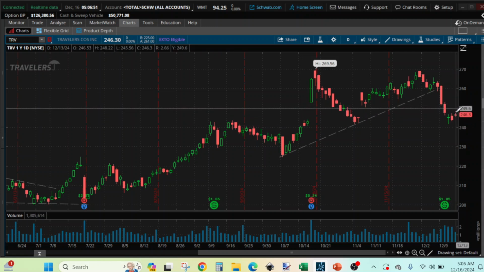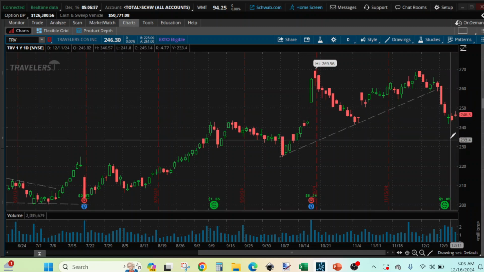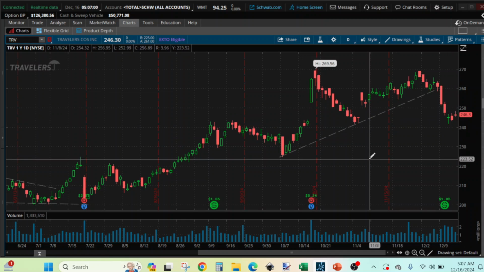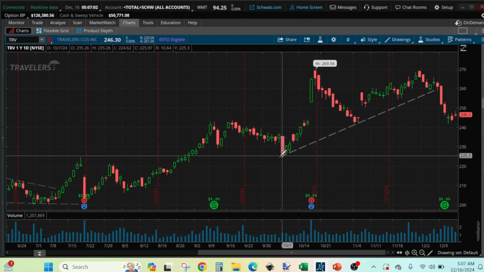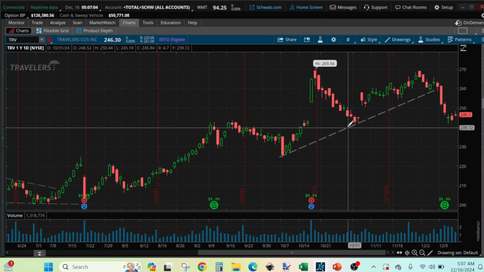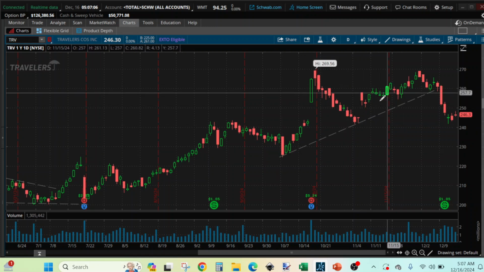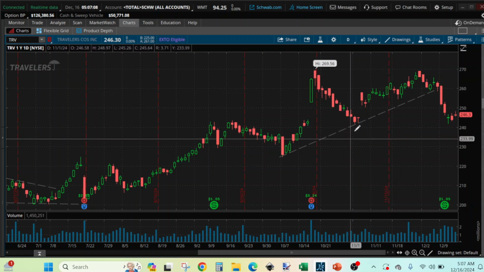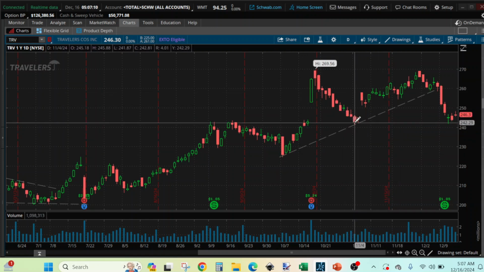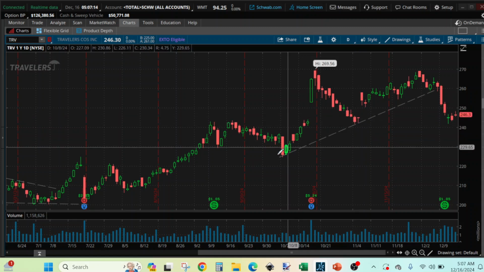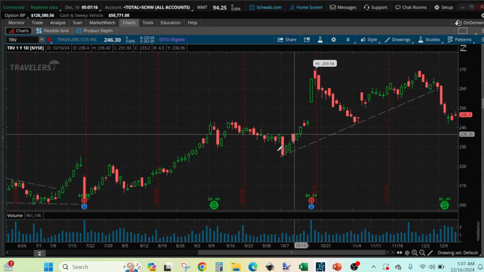We need to see again a green bar, and we need to see a pullback to be able to determine the next trend line. For the next trend line, I like to connect two red bars. That means two lows. And if it's oblique like this, going upward, it tells me that the current low is higher. The bottom of the current low is higher than the previous one.